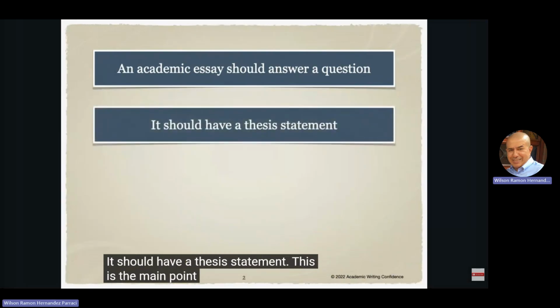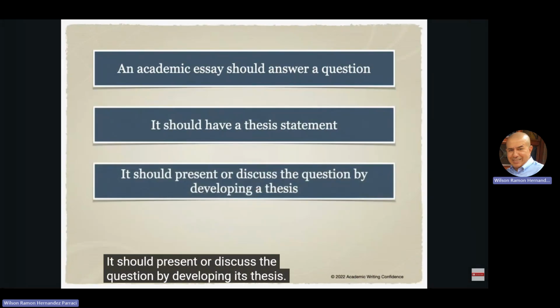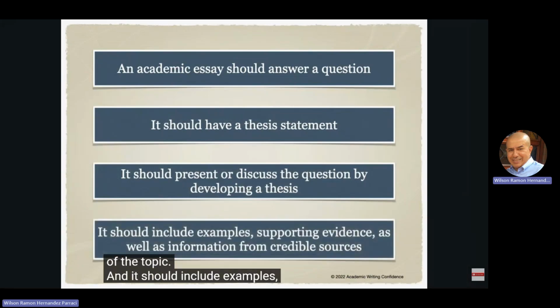This is the main point of your essay and a very important part of your academic essay. It should present or discuss the question by developing a thesis. The thesis is your opinion or the focus of the topic. And it should include examples, supporting evidence, as well as information from credible sources.